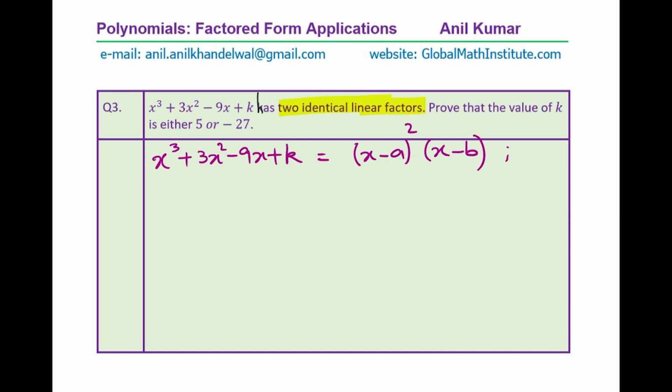So we have three zeros, correct? Two are identical, which will give you two zeros at a point. So we get a factor x minus a whole square. Perfect. Now what we are going to do is expand this, and then equate the terms and find the values of a and b. Okay, so let us expand x minus a whole square.